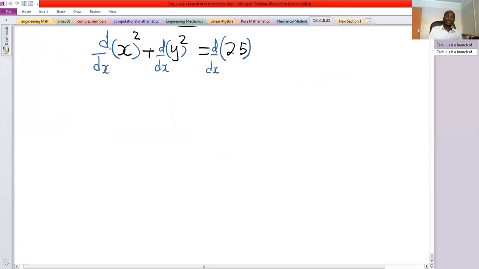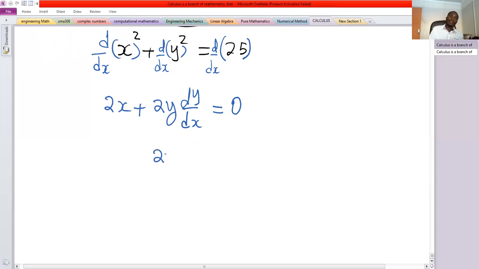By the power rule, this will be 2x. This will be 2y, but remember, y is taken to be a differentiable function of x, so you attach dy/dx. The derivative of a constant is always 0.